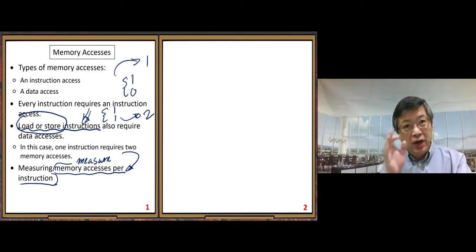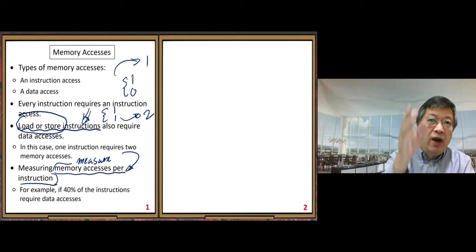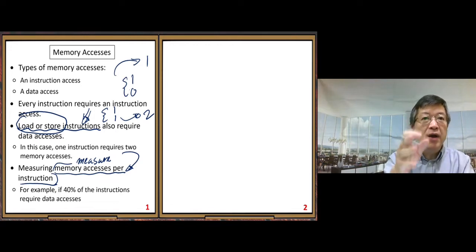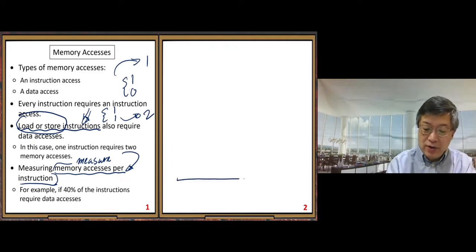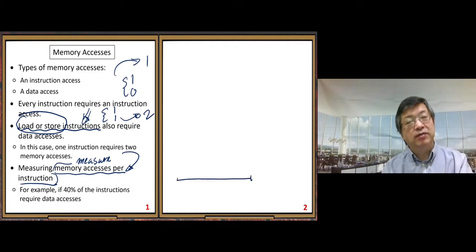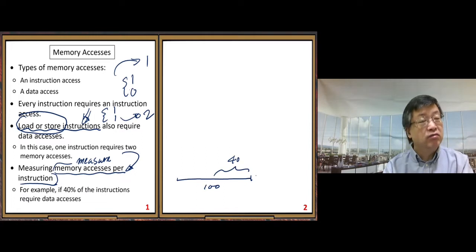Next, let me use a simple example. If 40% of the instructions require data accesses, suppose for convenience we have 100 instructions. Based on the assumption, 40 instructions require data accesses.